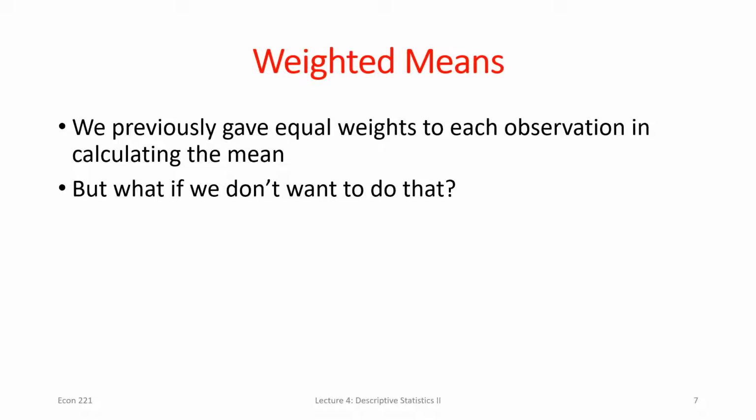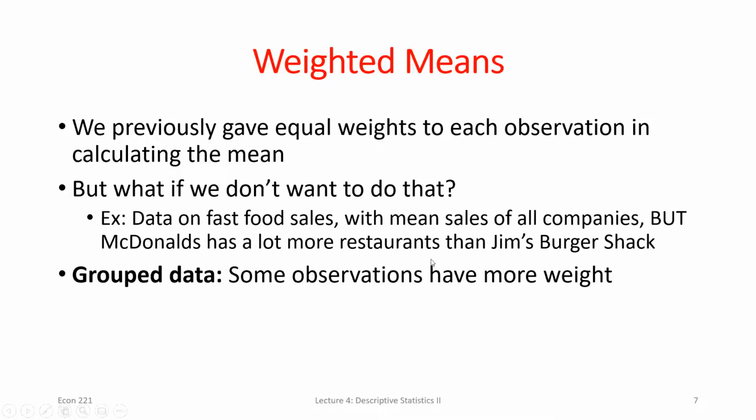So if I look at the life expectancy in China, do I want that to have the same weight as the life expectancy in, I don't know, Taiwan, a much, much smaller country? No. The life expectancy for Taiwan represents a way smaller number of people than the value for China. I think the example I had in here was, what if we were looking at group data for sales, but some companies have a lot more locations than others? Well, we have to take that into account.